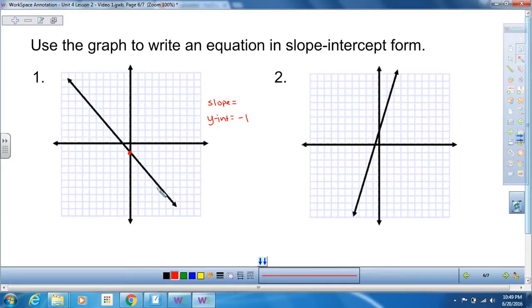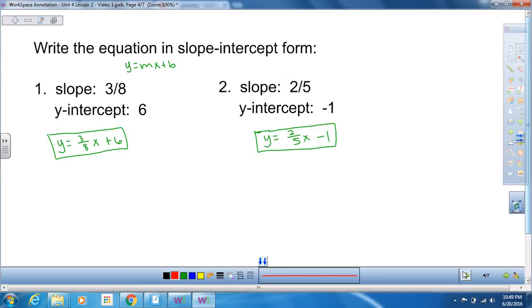So I think it goes through right here. If I do the slope, I'm going to use that triangle. So down, 1, 2, 3, 4, and right, 1, 2, 3. That's -4/3. Then once you have the slope and y-intercept, then it's just like these right here.